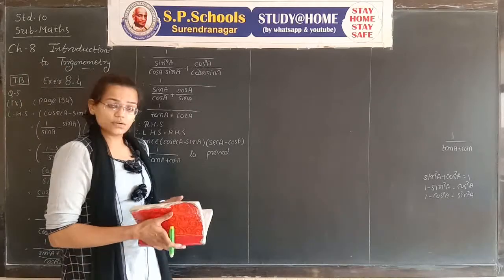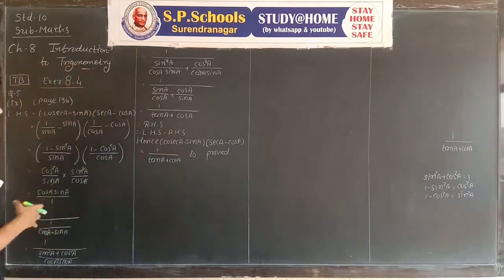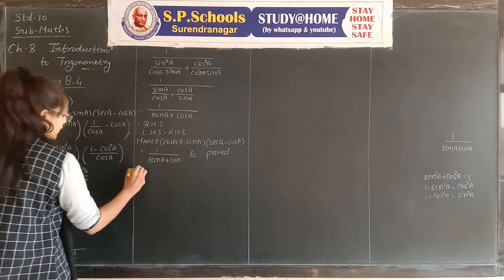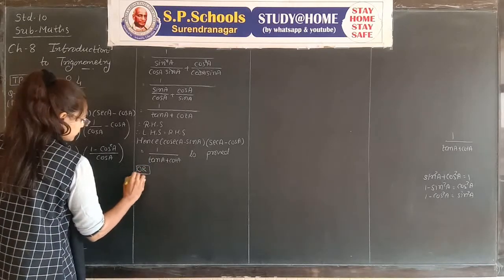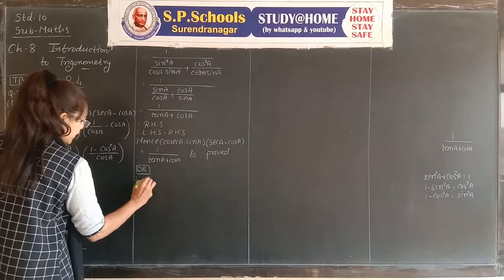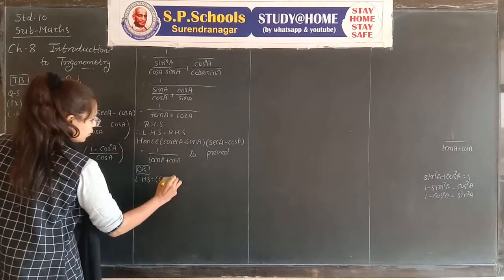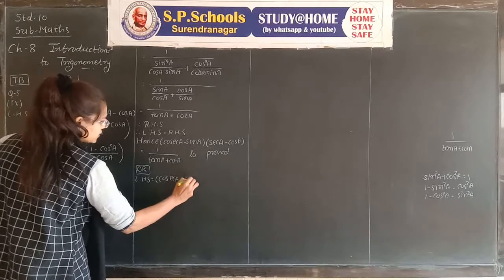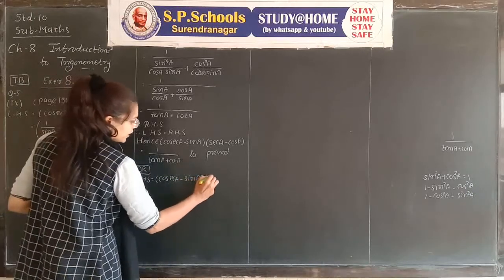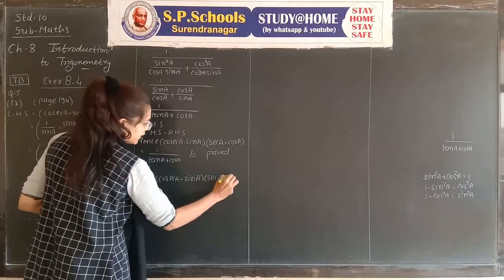Ninth number is also solved by using left hand side and right hand side separately. Left hand side is (cosec A minus sin A) into bracket (sec A minus cos A).